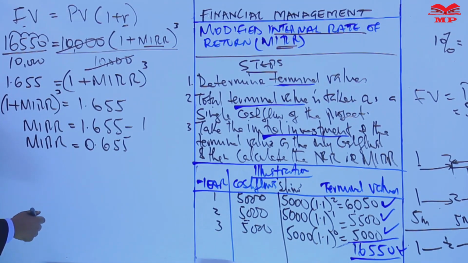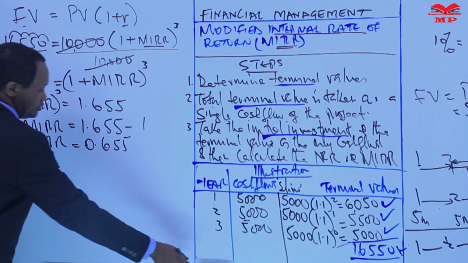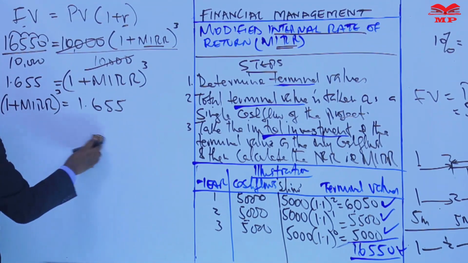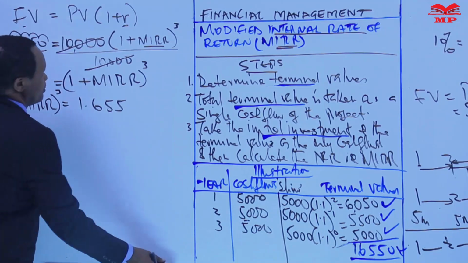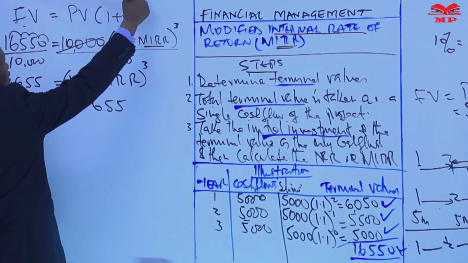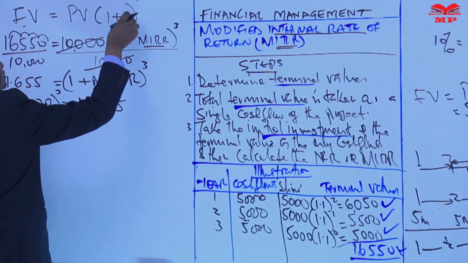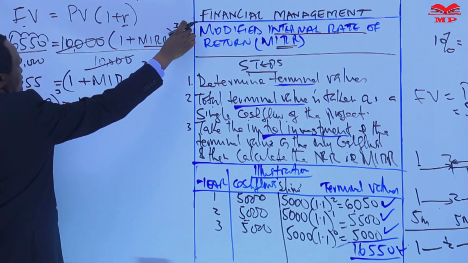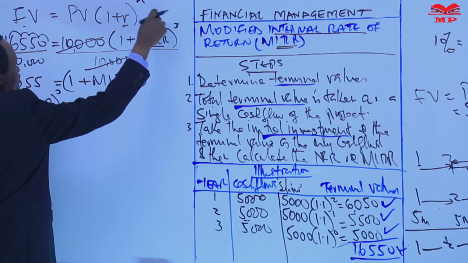I was lost in explaining this. There is a power here. This is the general formula. So this is equal to that raised to that. So there is an n here, or t if you like.